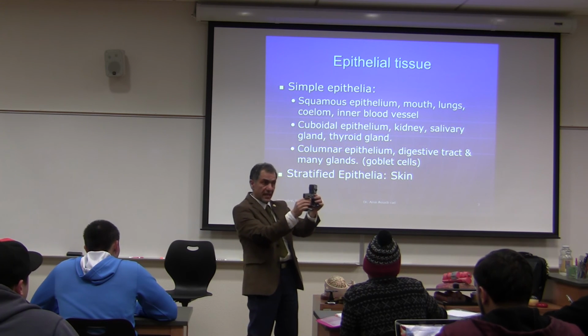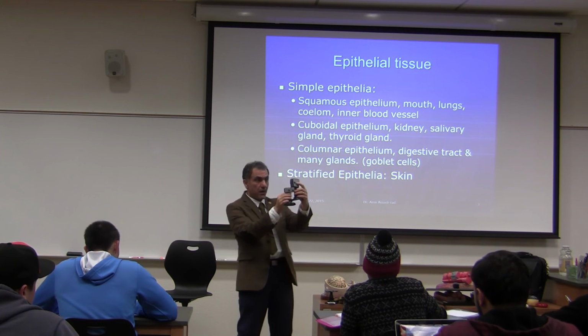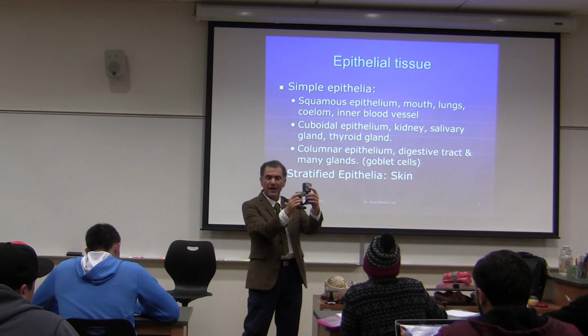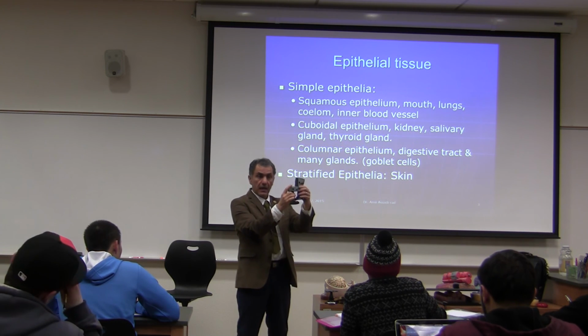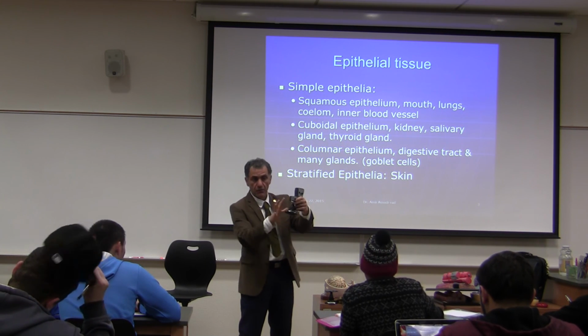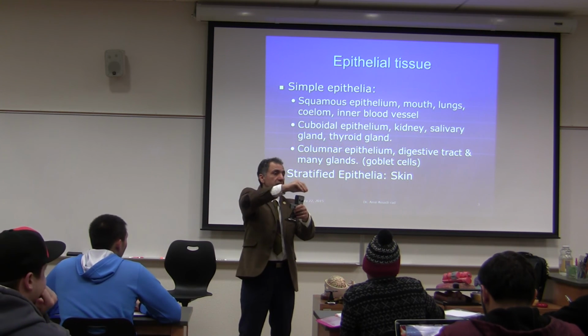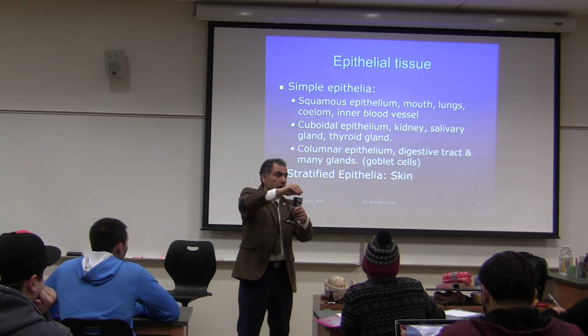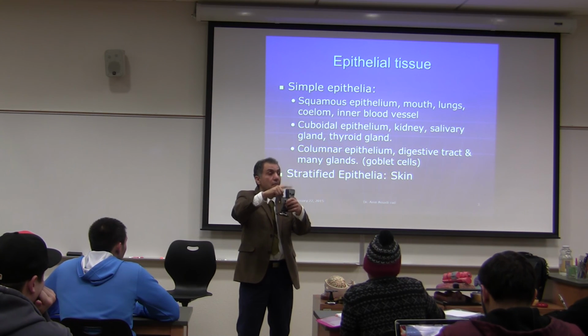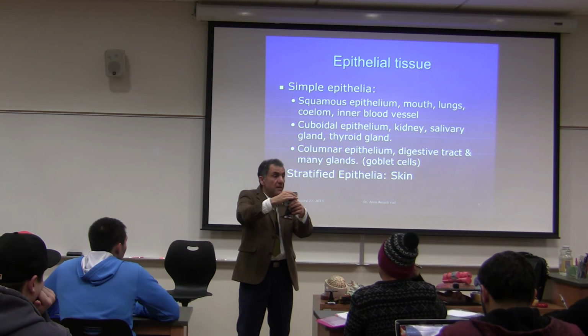So in this case, how do you know, is it columnar or is it cuboidal? Well, the bottom layer here would be connective tissue or other parts of the body, and right here usually is an empty space, your gland, your blood vessels, what have you. Then on top, whatever is on top, then it is that type of epithelial tissue.